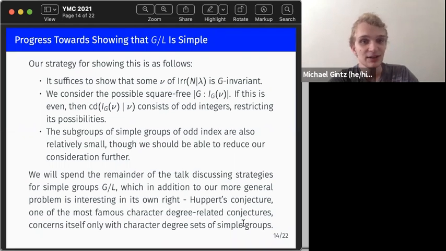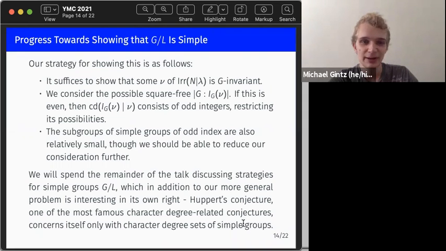If the index is even, then that means that CD of the inertia group given nu consists of odd integers, and that restricts the possible values of this quotient pretty significantly. And the subgroups of the simple groups of odd index are also relatively small in number, though not quite small enough to finish this proof. So we expect to reduce this consideration further using similar methods.